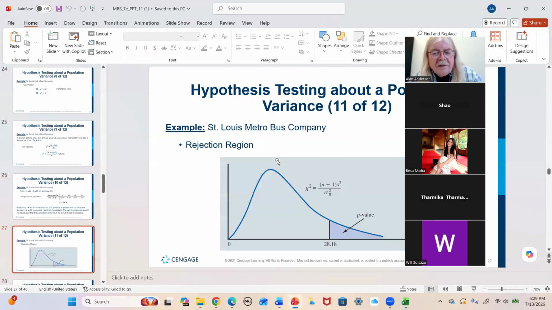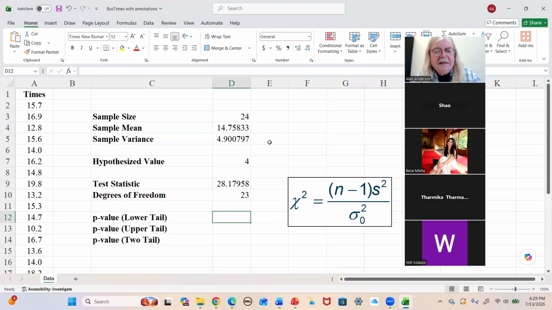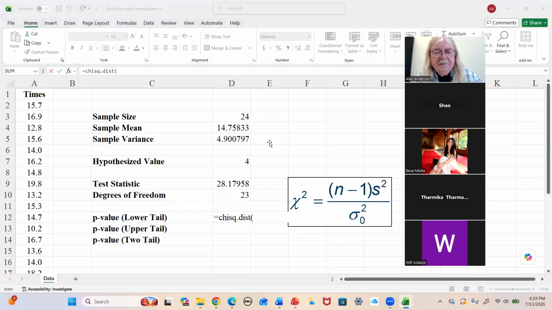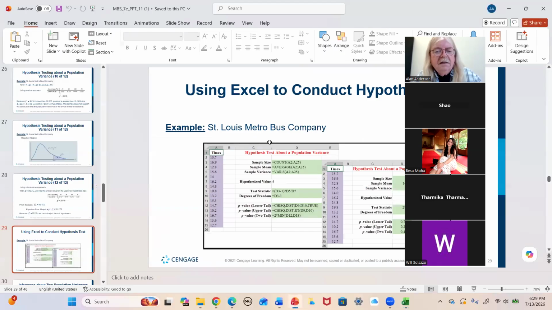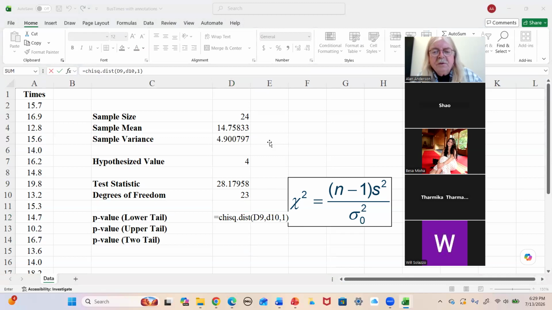So the Excel command, and these can be a little bit confusing, but here's what they want us to do. CHISQ.DIST asks for D9, which is the test statistic. Degrees of freedom is D10. Cumulative is 1, which means true.